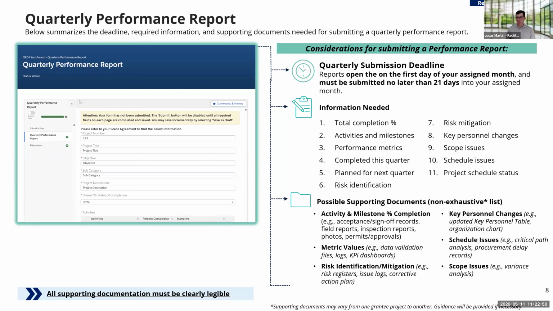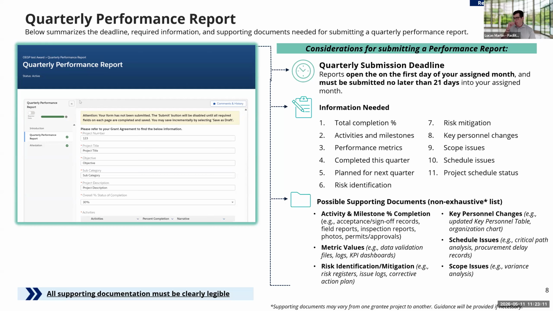It is intended to be another venue for you to risk or escalate any potential risks and any mitigation plans that you're taking to mitigate those risks, as well as a venue to capture key personnel and scope issues, anything related to schedules and project schedule status.